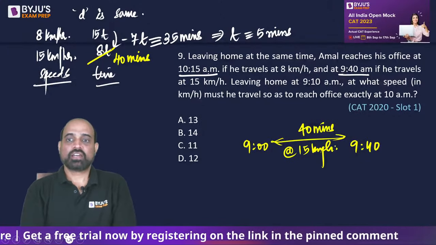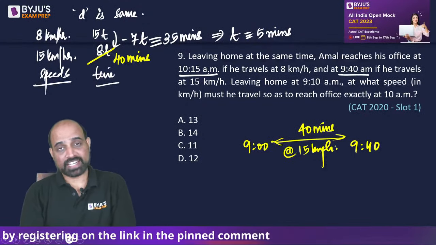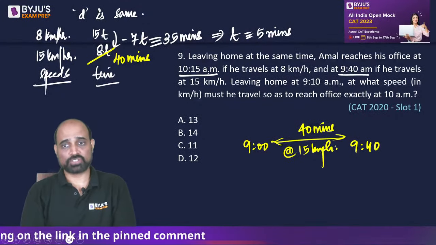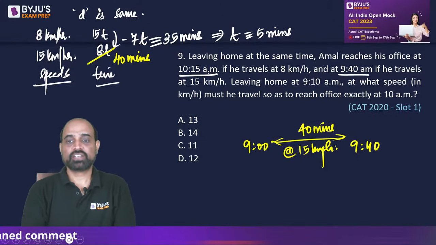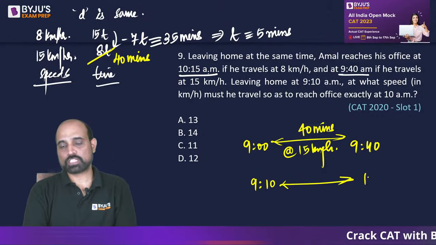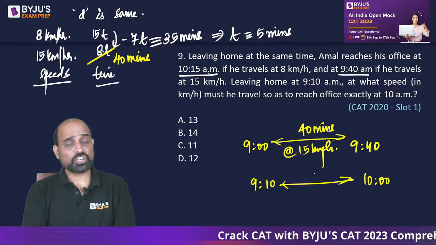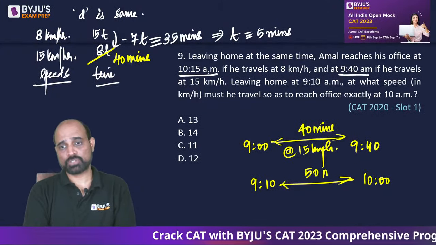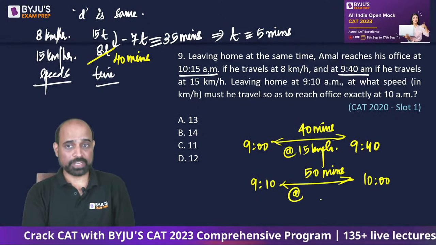Okay, now we know the speed, we know the time, we can calculate the distance also, but the distance is not asked, right? The question now says if somebody leaves at 9:10 और भाई साहब को 10 बजे पहुंचना है, so instead of 40 minutes, this person now should take 50 minutes.